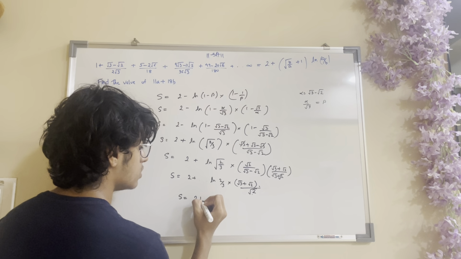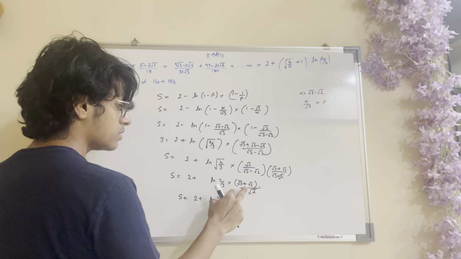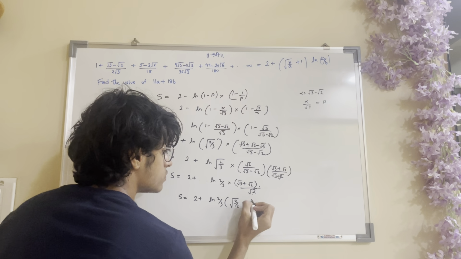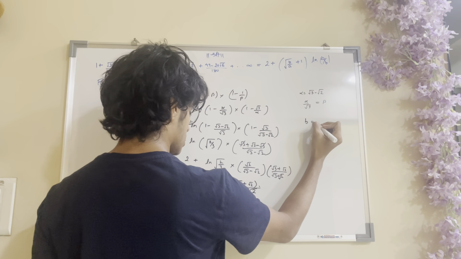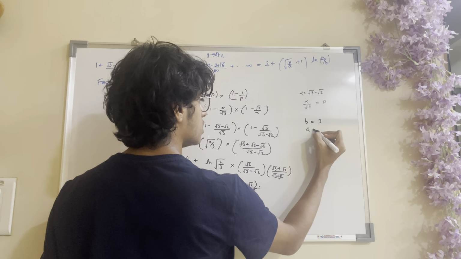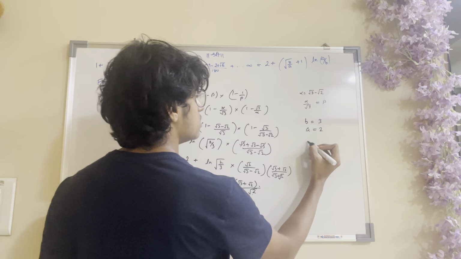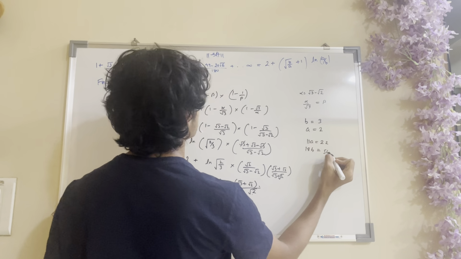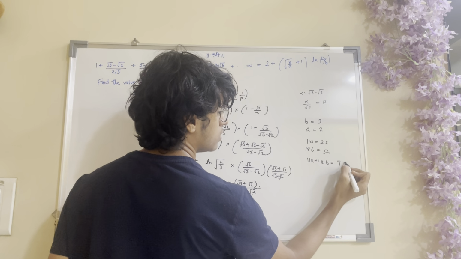This is equal to 2 plus ln 2 by 3 into, separating the two terms in the numerator, under root 3 by 2 plus 1. Comparing this with this, we have the value of b as 3, a as 2, and we have to find the value of 11a plus 18b. 11a will be 22, 18b will be 54, so 11a plus 18b will give the value as 76.